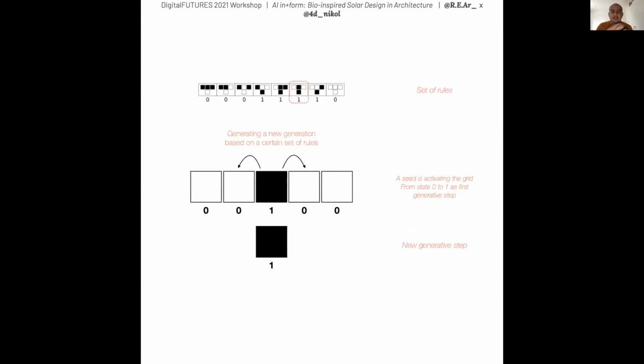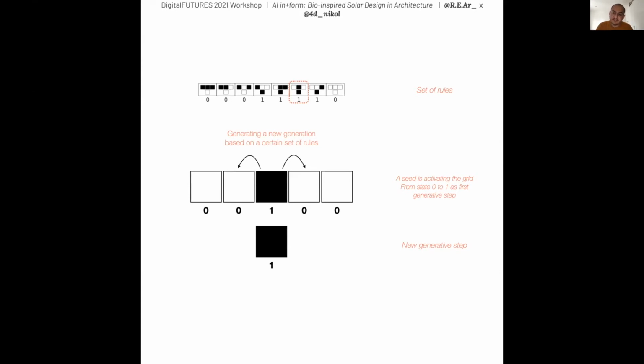So this is the elementary cellular automata, which works in one dimension, but try to imagine it as a set of squares. We have a set of rules, a set of possible combinations working for this environment. Then we have an environment, which in this case is this set of squares in white.